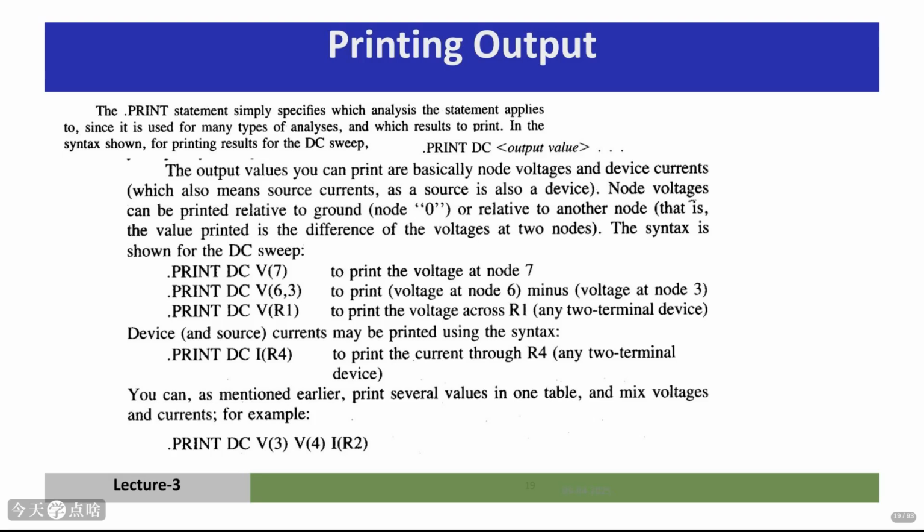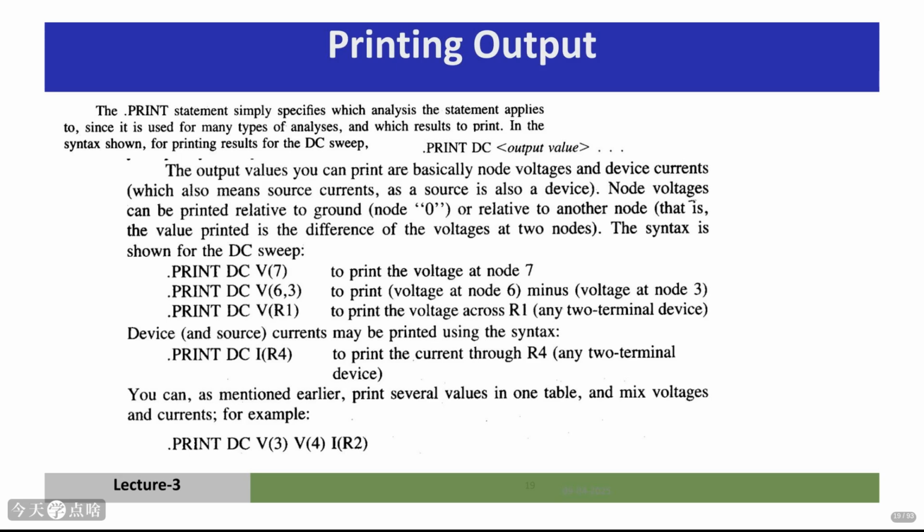After running a DC sweep, you probably want to see the results. The .print DC statement is your friend here. It lets you specify exactly what you want to print out. You can print node voltages, like V(7), for the voltage at node 7, or the difference between two nodes, V(6,3), for V6 minus V3.